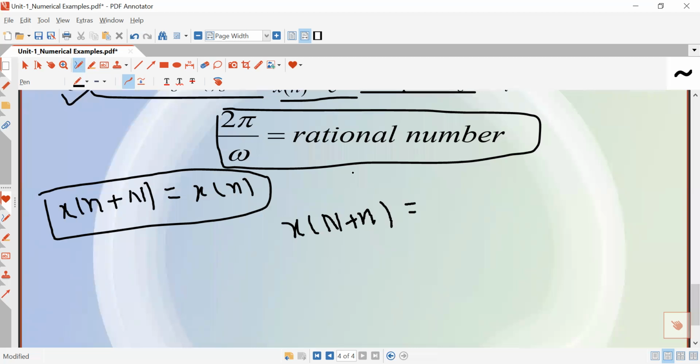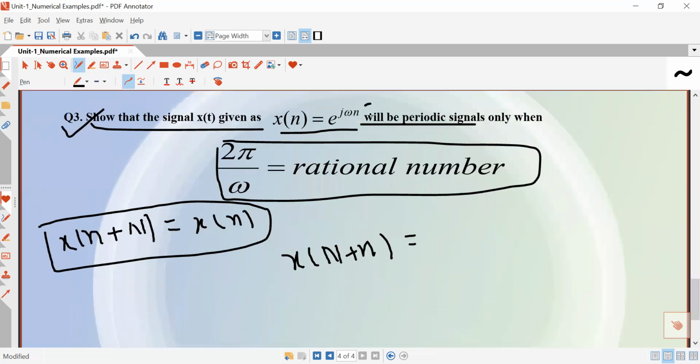x[n plus N] will be, in place of n you have to write n plus N. So it will be e to the power j omega (n plus N).